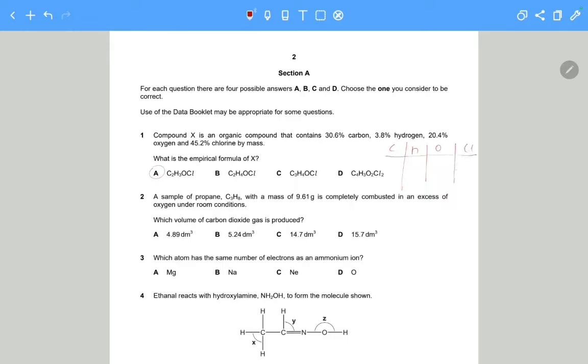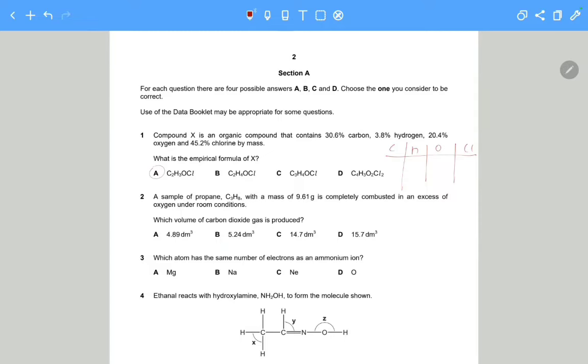Before we delve into any calculations, we need to make sure that all these percentages add up to 100. Sometimes they'll leave out hydrogen and give you the percentages of all the other elements in the compound, which is why the percentages won't add up to 100 in all cases.